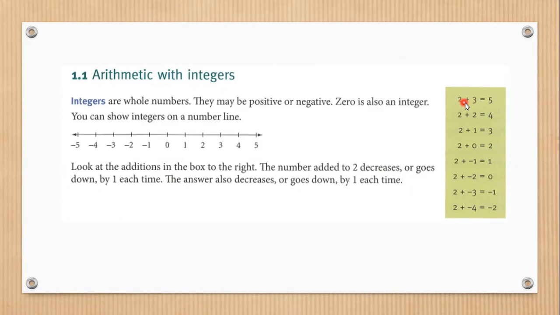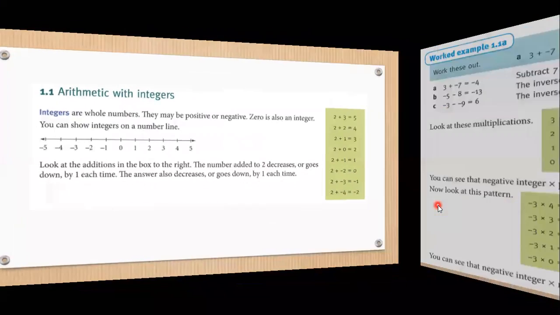He starts by adding, then moves down. He writes 2 each time and adds: 2 plus 3 is 5, 2 plus 2 is 4, 2 plus 1 is 3, 2 plus 0 is 2. The number being added is decreasing, so the answer is also decreasing.